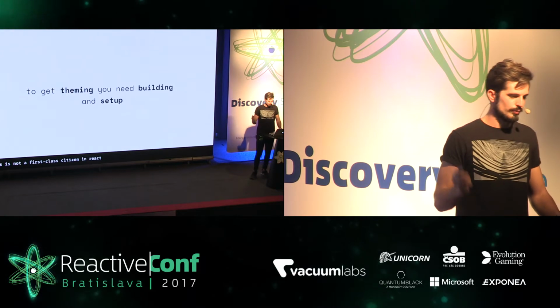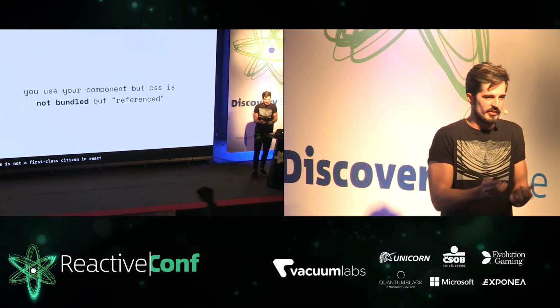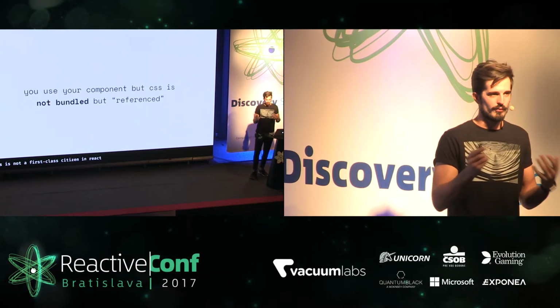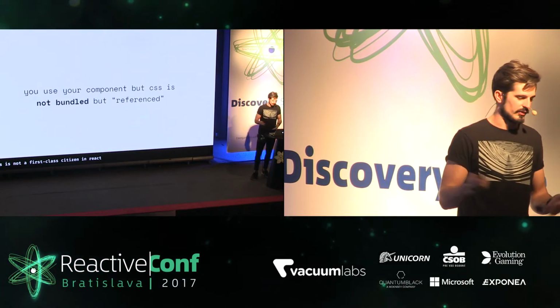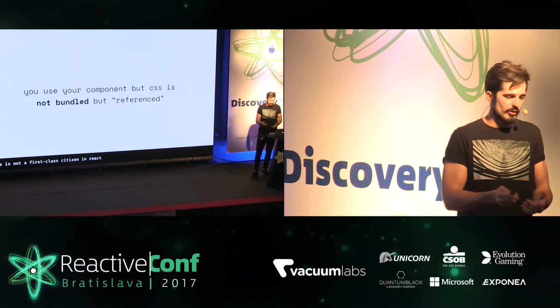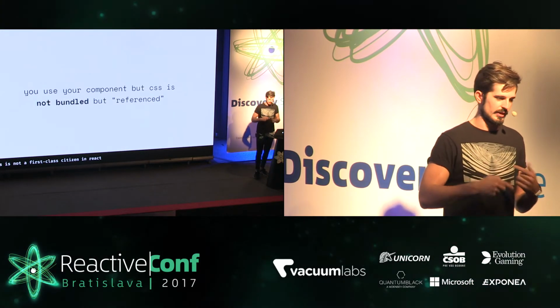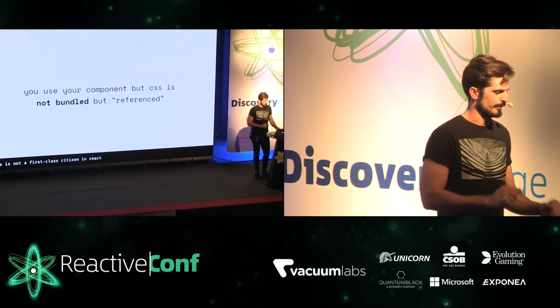But there is another issue. Like, for example, you want to use the component, but the CSS is not there because it's not a first-class citizen in React. So you have to import in some way in the document the CSS. Of course, you can ship the component with CSS loader, but again, you can't do that because you need to process that in real time or at bundling time, at build time, sorry.